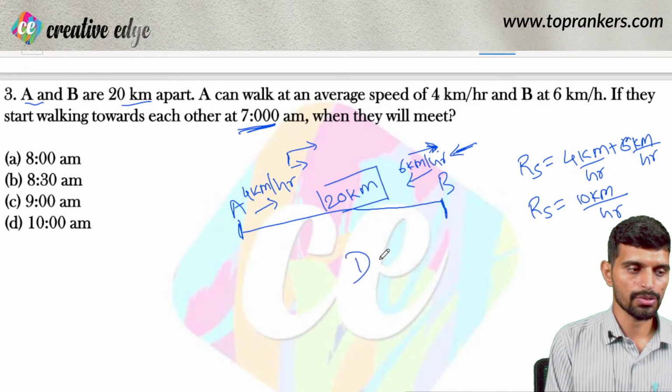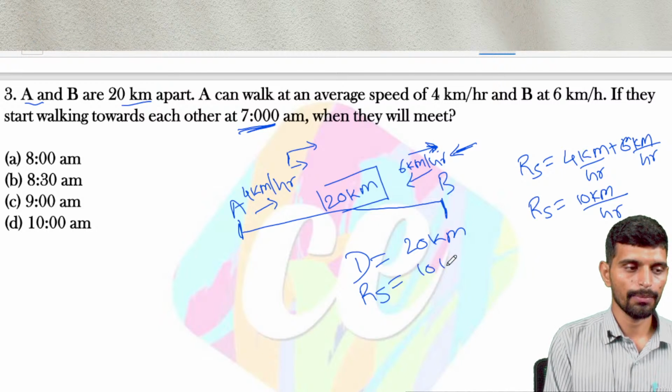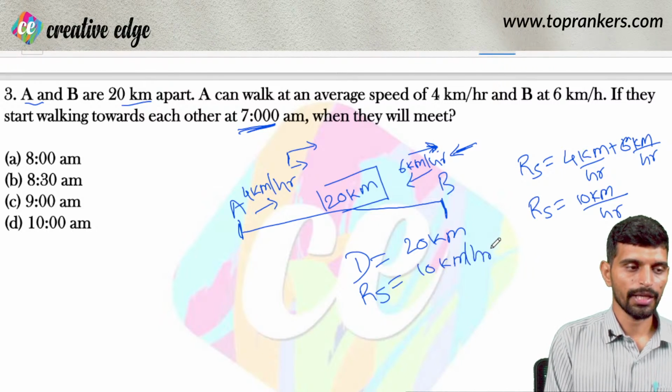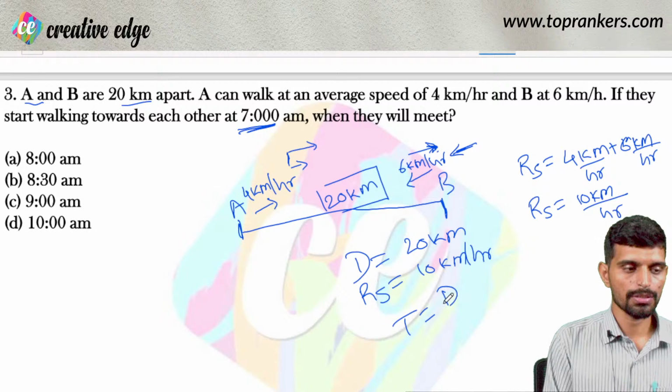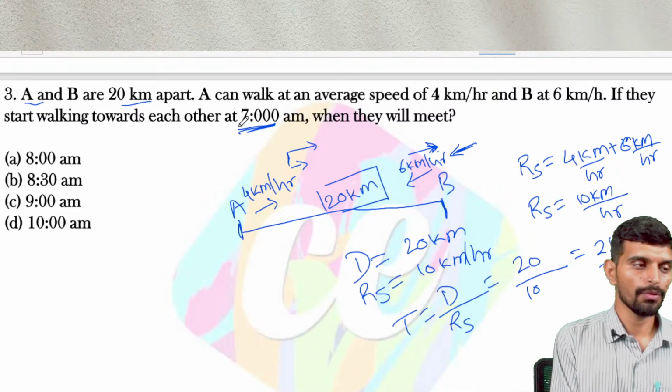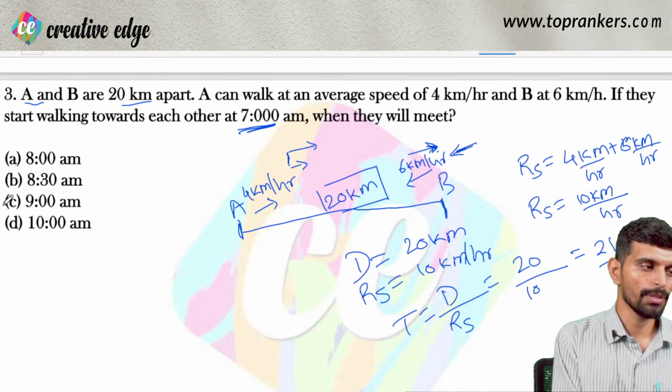So distance to be covered is 20 kilometer. Relative speed is 10 kilometer per hour. So time taken will be distance upon relative speed, that is 20 kilometer divided by 10 kilometer per hour. So that will be 2 hours. And 2 hours from 7 a.m., so answer should be 9 a.m.